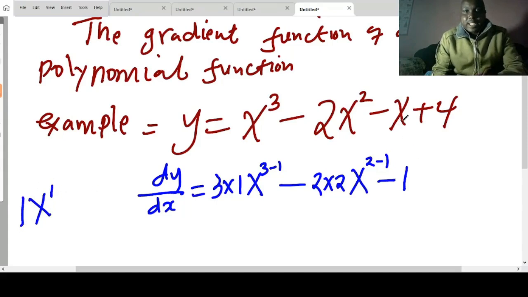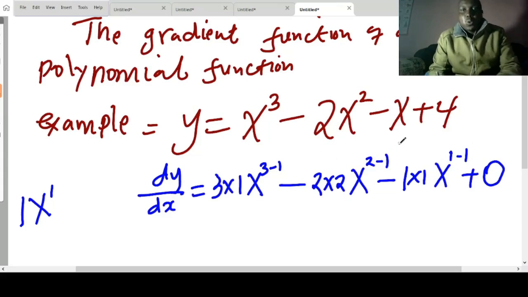So there is 1 times 1, and then x to the power 1 minus 1, and then plus 0. Why did I put 0 where we have 4? 4 does not have x. Because we are differentiating y with respect to x, any term which does not have the x is as good as 0, as good as nothing.